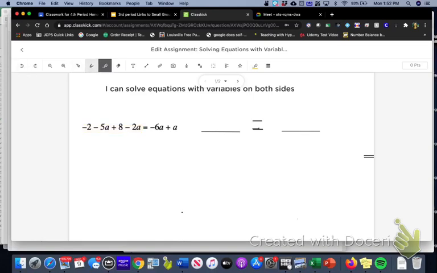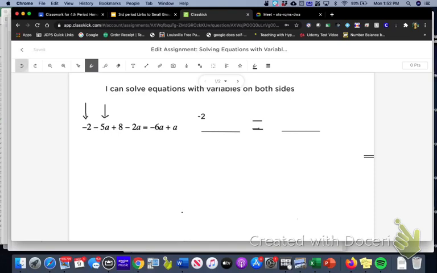So my first piece of the equation is the number -2. We are perfectly fine with just putting in a little text box here to model the fact that you've got a -2 on the left-hand side of that equal sign. Then we have a -5a, which means that we have 5 a's that are negative.